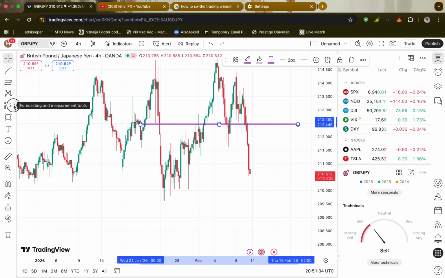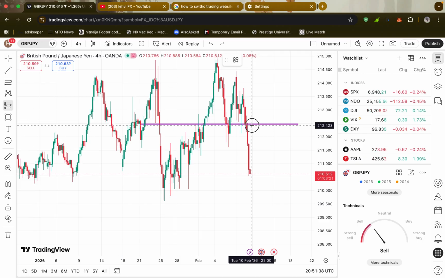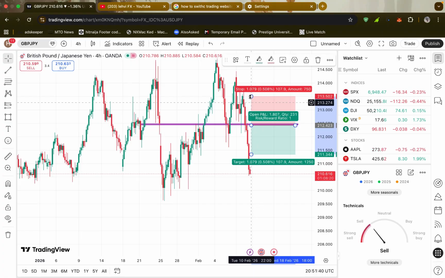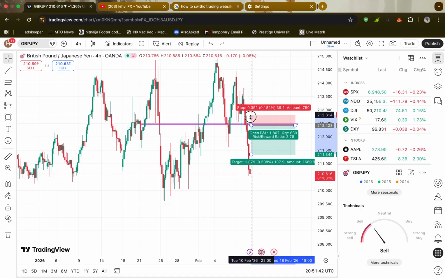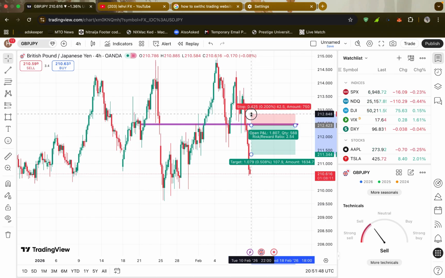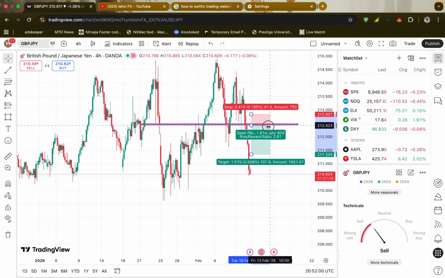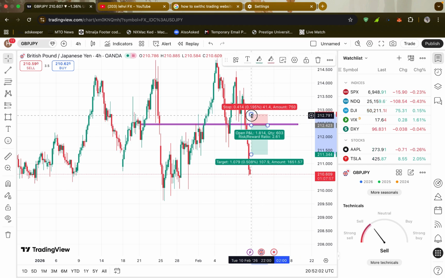Now, this is where I sold, and that is why I sold. And then my stop loss is here, the week of this candle. And then my TP was, what was my TP? Actually, this is where my stop loss was.